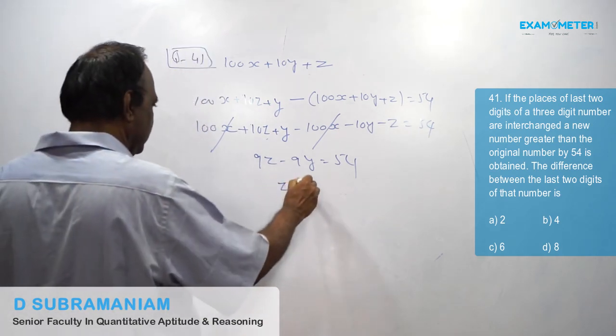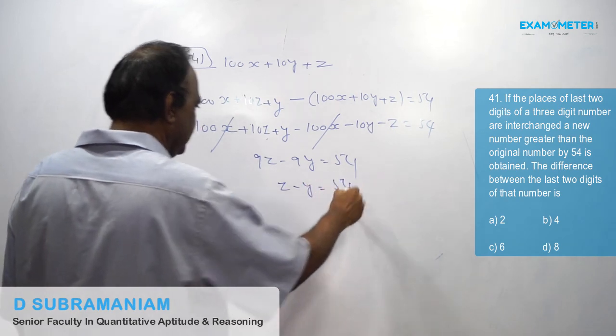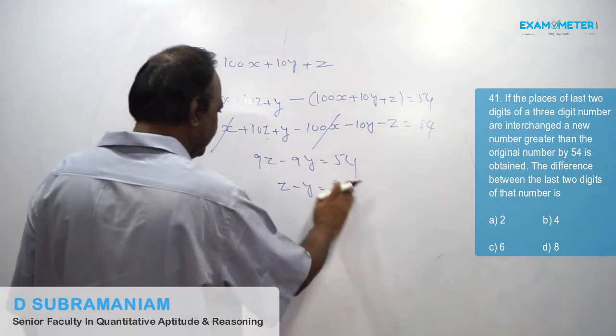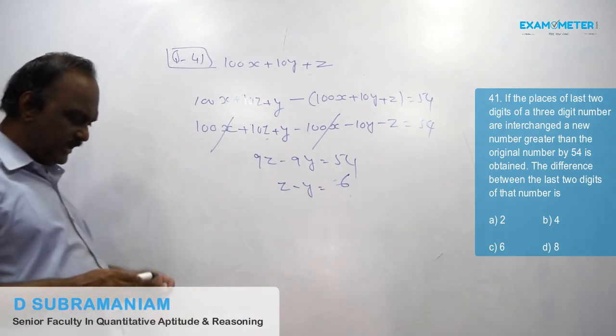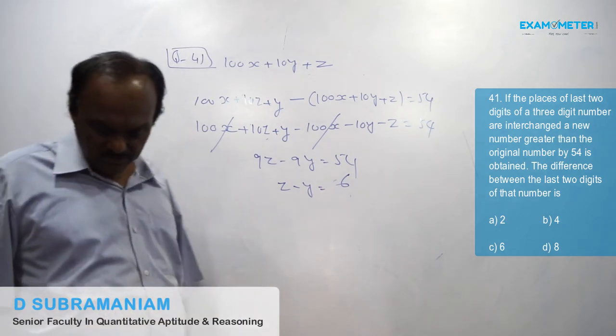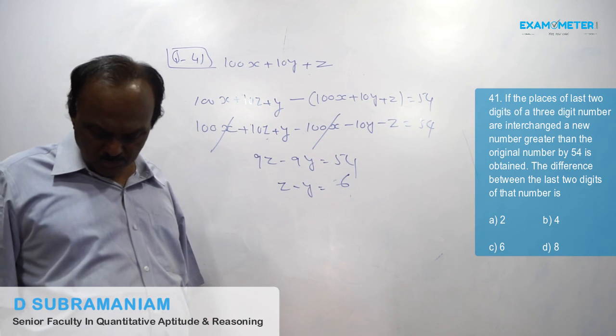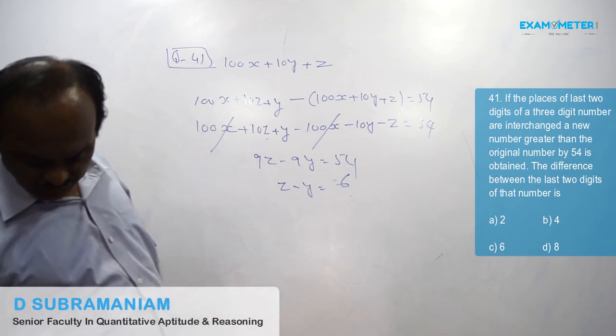So z minus y is equal to 6. So answer is 6, multiple choice C.